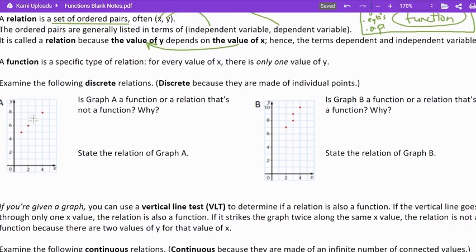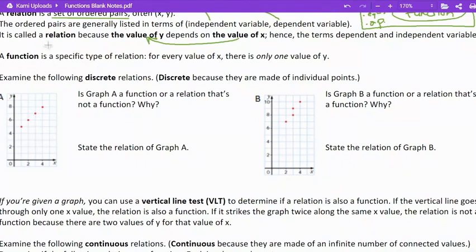Okay, so the specific thing for a function is this. For every x value, there is only one y value. So for every x on the graph, there can only be one dot, one value of y.